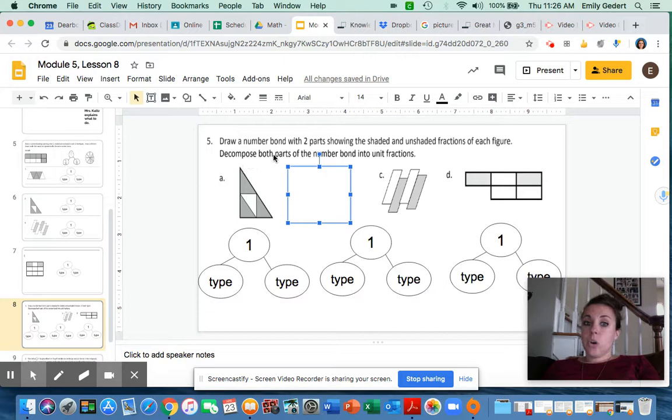It does say to go a little bit farther and decompose each of these parts into unit fractions. So let me show you how to do that. So this one, shaded, this is split into fourths, 1, 2, 3, 4, and 3/4 are shaded in.